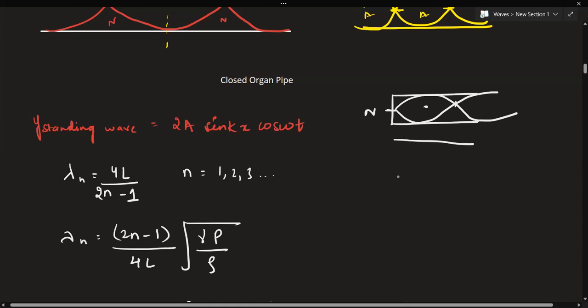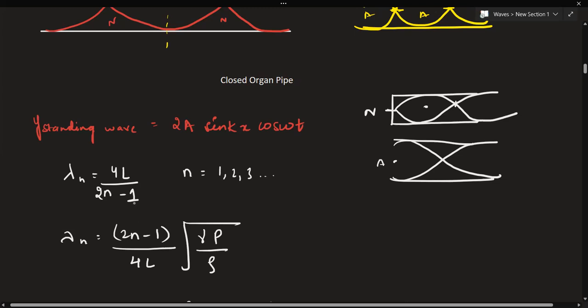Had it been an open organ pipe, it would have been like this. So would we get an antinode over here or a node over this side? Antinode. This is the difference that comes when you put a boundary. Now see, the rest of the terms remain the same, just the difference comes in the wavelength and the calculation of the frequency.